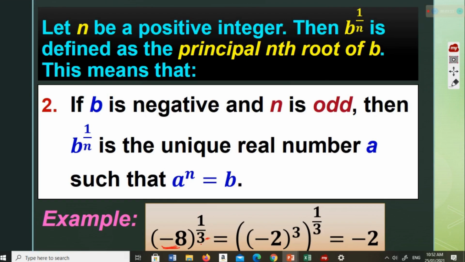So, we will have yung negative 8 into an exponential form, negative 2 cubed. And then, pag multiply yung cube sa 1/3, magiging 1. So, the final answer is negative 2 raised to 1. So, therefore, ang ibig sabihin, ang value po ng negative 8 raised to 1/3 ay negative 2.